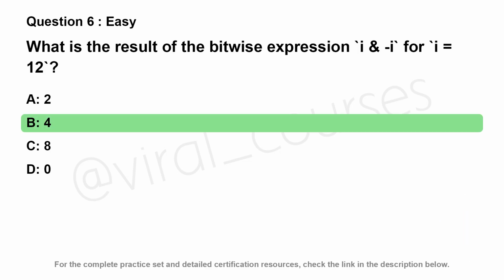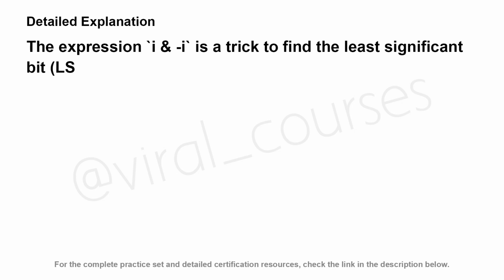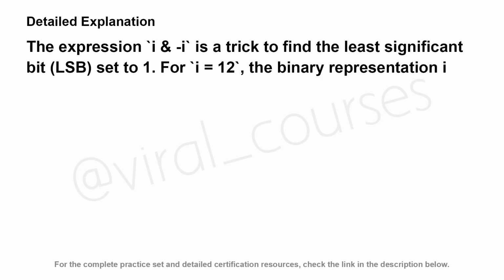The correct answer is B. The expression i & -i is a trick to find the least significant bit, LSB, set to 1. For i = 12, the binary representation is 1100.